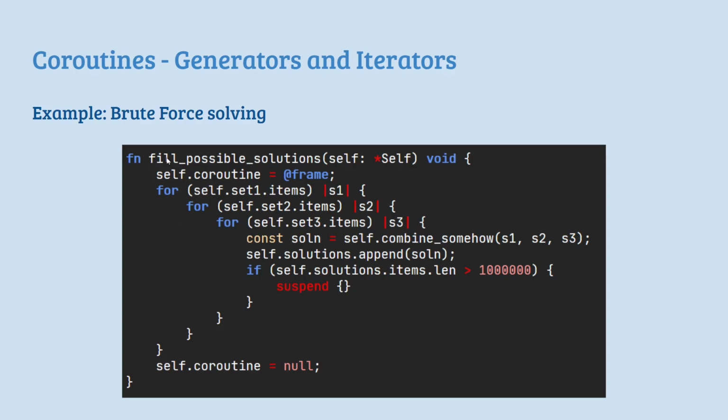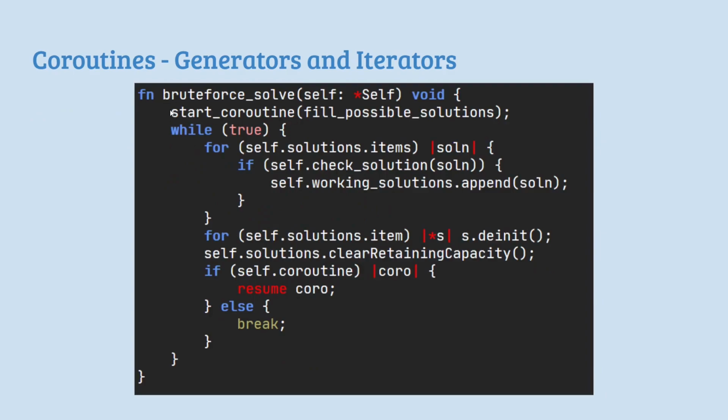I have a coroutine called fill possible solutions within the application, and what it does is it loops through and does whatever complicated processing to create solutions, and it appends them within a solutions array. And then if the solution is larger than a given size, it will pause, right?